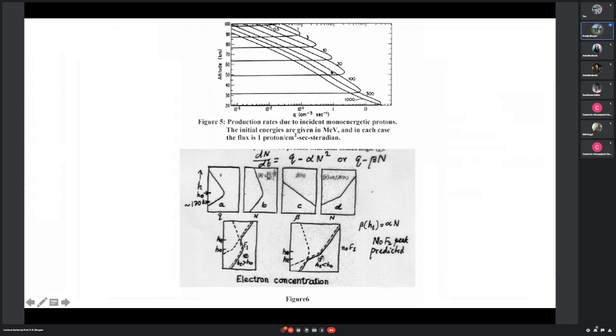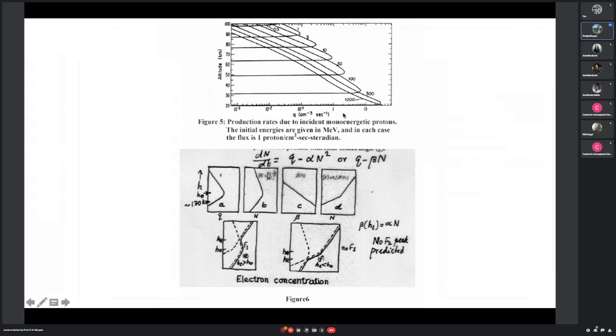The initial energies are given in MeV. That means the solar radiation is 1000 MeV strong, with a flux of 1 proton per centimeter square per second per steradian.